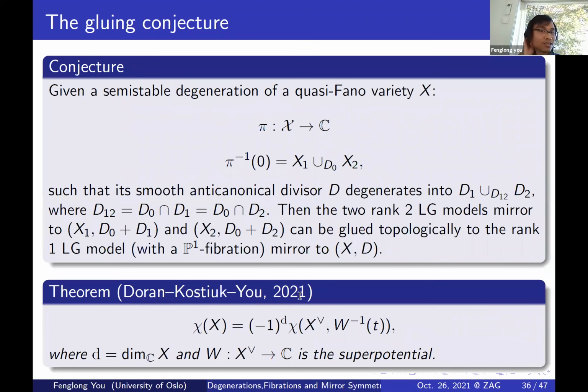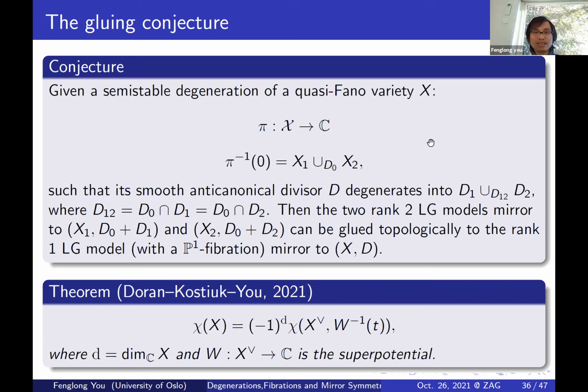Now the degeneration for quasi-Fano varieties that we talk about is actually a degeneration of X also with its smooth anti-canonical divisor. So we degenerate a log Calabi-Yau pair XD to these two pairs, X1 with D0 plus D1, and X2 with D0 plus D2, and we group them together to a rank 1 Landau-Ginzburg model with a P1 fibration, which is mirror to XD.